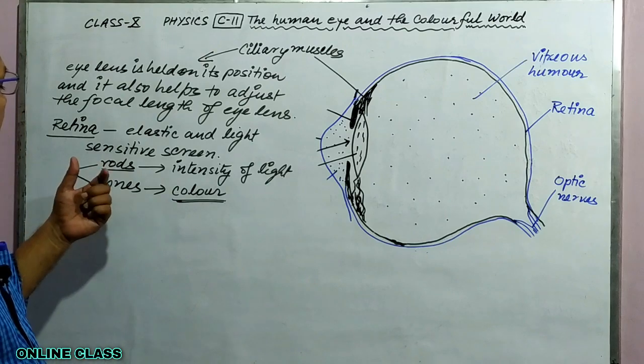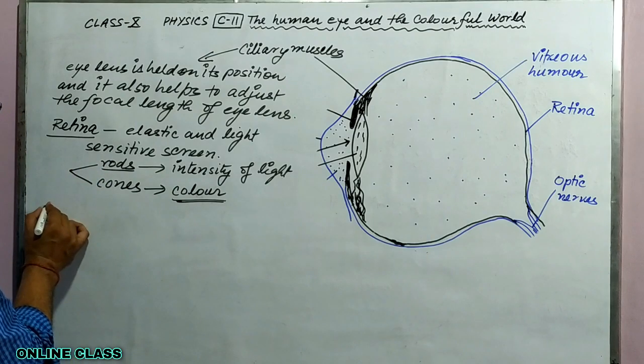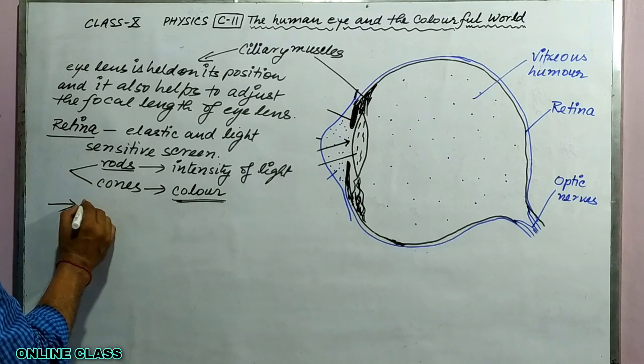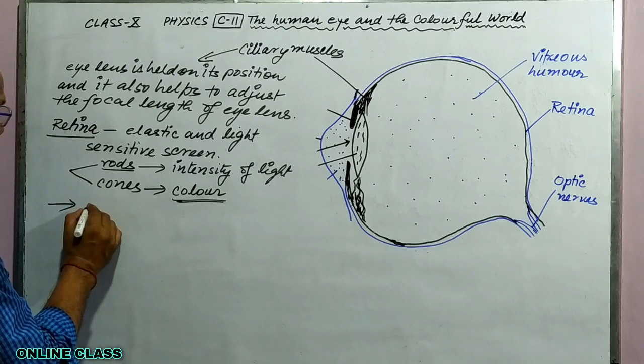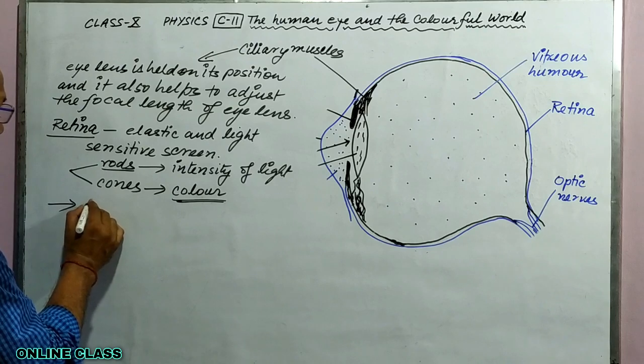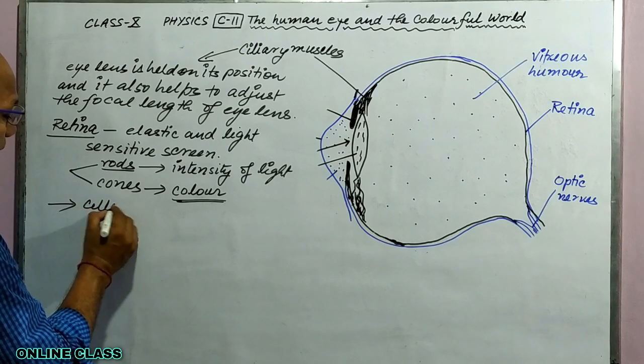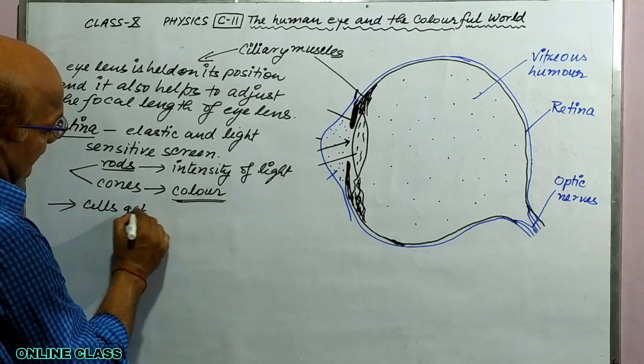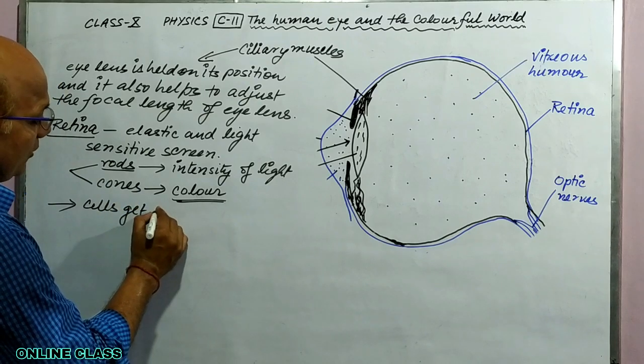Okay. When light falls on the screen, means on the retina, cells get activated, or you can say get illuminated.